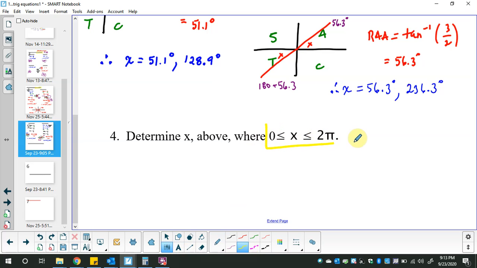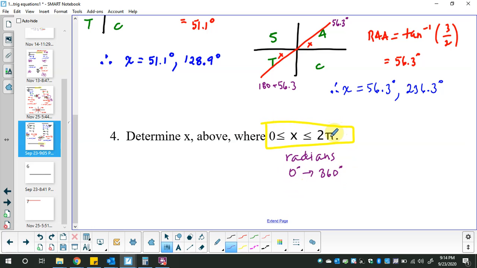this space. For the record, that does not mean that you have to redo the entire question. That would super suck. All that says is that you're taking your answers from your 0 to 360 area, and you're turning it into radians, because 0 to 2 pi is the same as 0 to 360, only it's using different units.